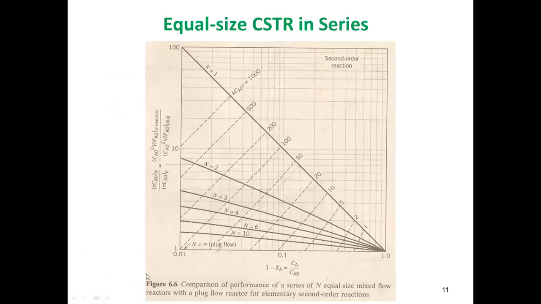Now, this is how we use the graphical approach in determining the corresponding volume of a plug flow reactor, because you have a ratio here of initial concentration squared volume divided by molar feed rate for n reactors, referring to your mixed flow reactors.